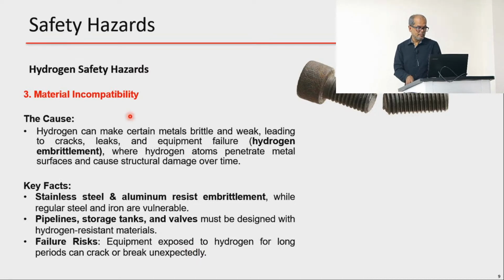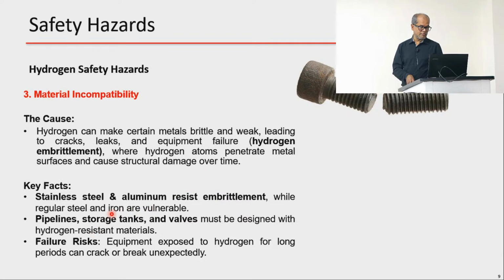Material incompatibility. Hydrogen can also make certain materials weak and brittle, leading to cracks, leaks and equipment failure, where hydrogen atoms penetrate the metal surface and can cause structural damage over time. So stainless steel and aluminum are better, while regular steel and iron could be vulnerable.